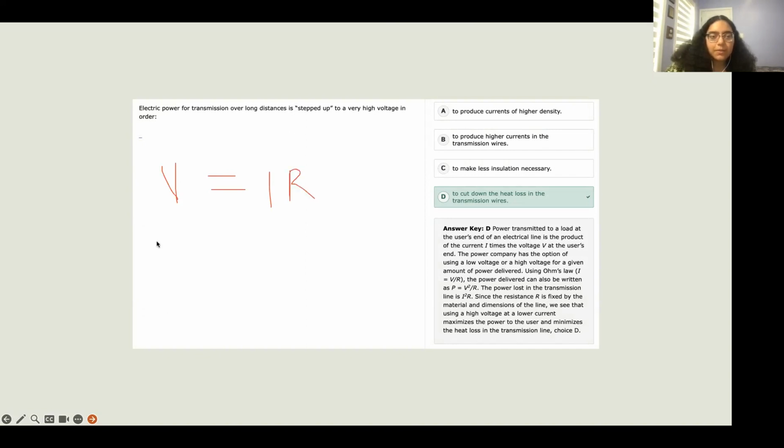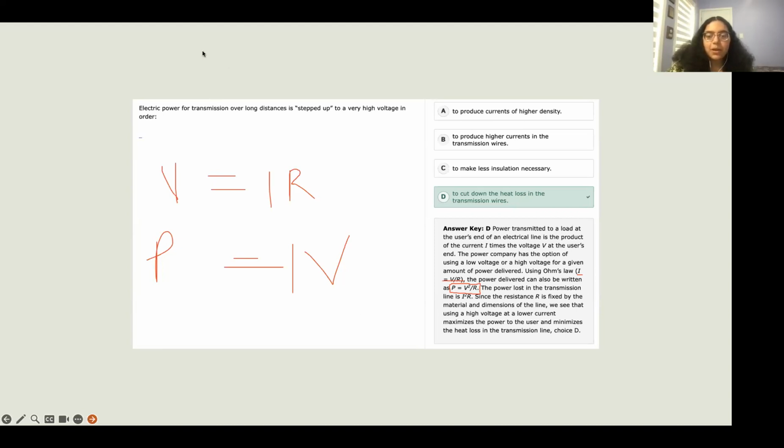V equals IR, P equals IV, and then what you can do is combine these to get rid of the I here. So if V equals IR, you can also rearrange that as I equals V over R. And if you sub that in here, this squared part is kind of what's important to note. Power is V squared over R.